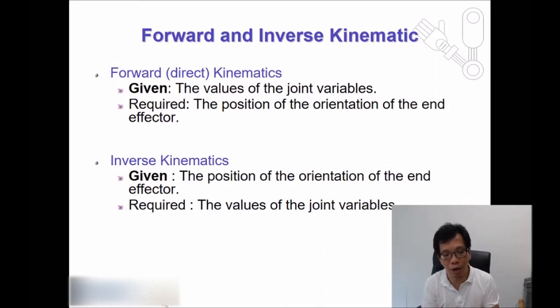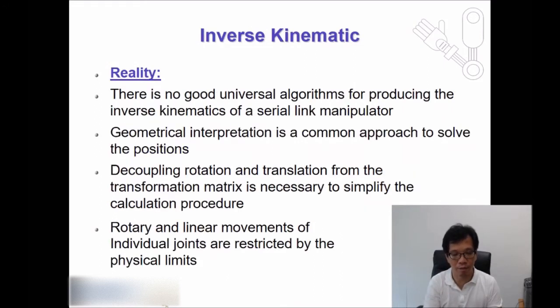So when we are using inverse kinematics to come up with all the answers, it is tedious and most likely it's going to be case by case. When dealing with inverse kinematics, there is no good universal algorithm to produce the inverse kinematics of a serial link manipulator, and generally we use geometric interpretation to identify the angles or displacements of each joint.